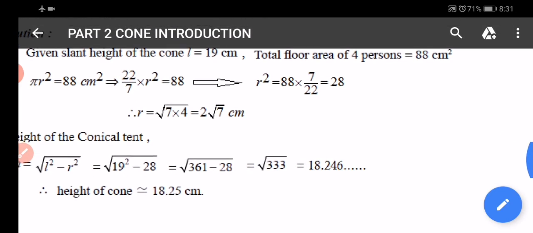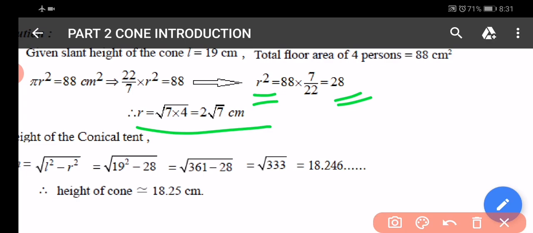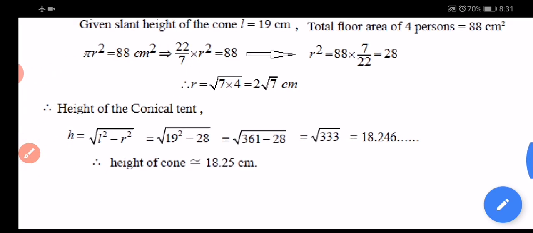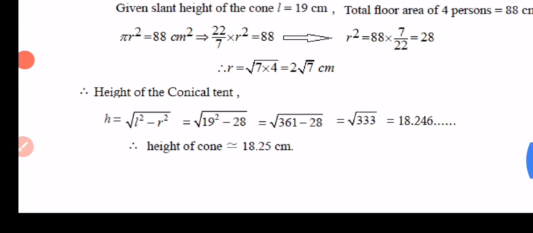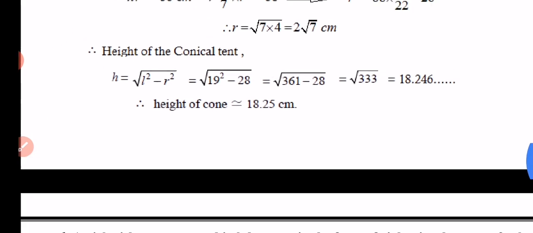Now find r: here r squared is equal to 28, that is r equal to 2 root 7 centimeter. So without finding r, we can use r squared directly in the formula, and h equal to root of L squared minus r squared equal to 18.246, approximately 18.25 centimeter.